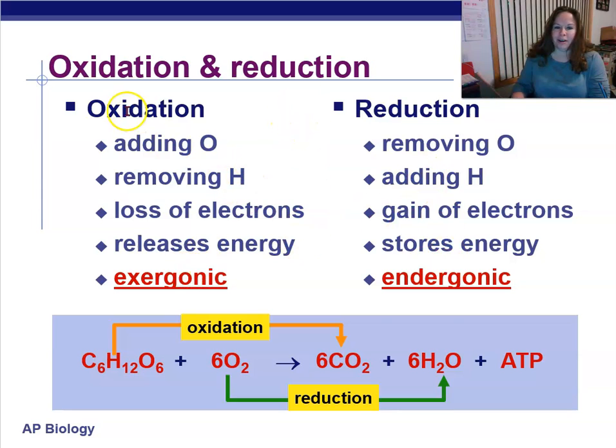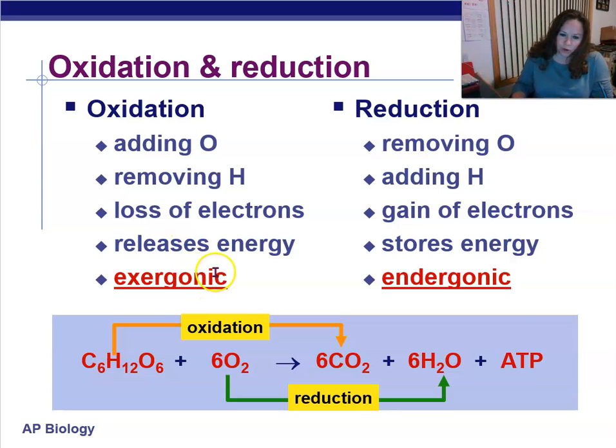There's that T chart. So, we're adding more to it. Oxidation, adding O, but in this case in cell respiration, what we're most concerned about is when we remove H's or when we remove electrons from something, we oxidize it. This actually releases energy or is exergonic.